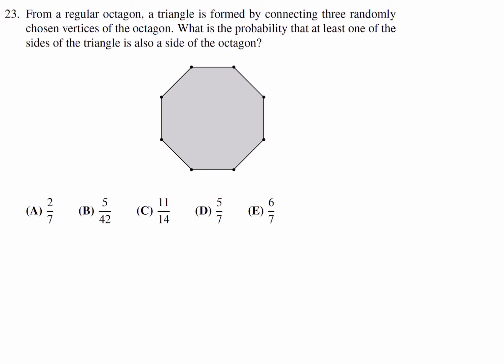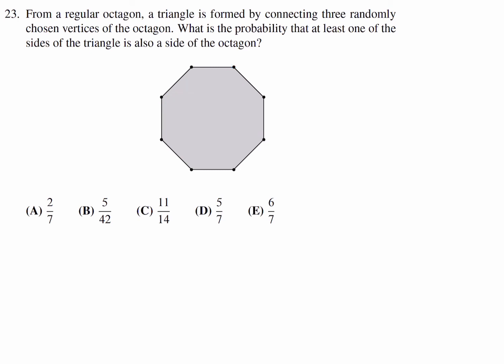Well, the strategy here in my solution is first, let's find the triangles that have no such criteria, meaning here's one such example, this vertex and this vertex, that would not have a side that is also a side of the octagon, right?